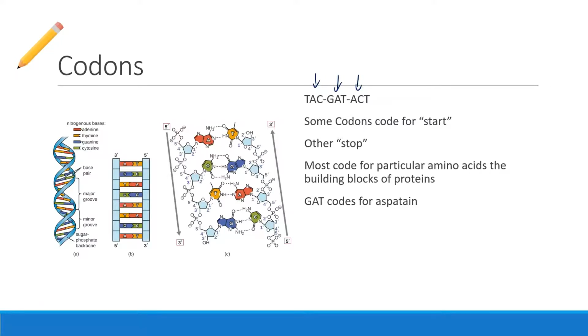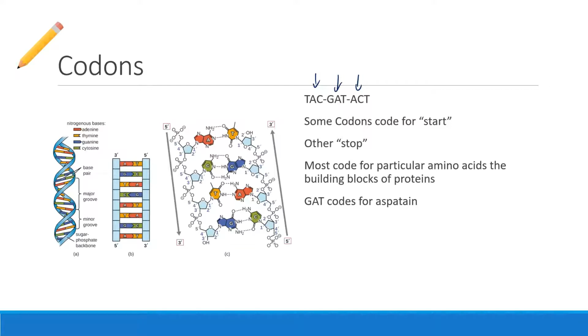And those mean different things. Some codons code for the start of the code. So for example, you might have 3 letters that say, yep, this means I want you to start reading the code.